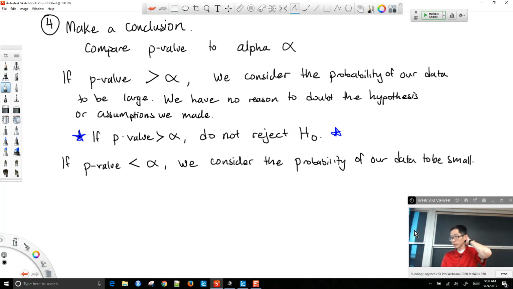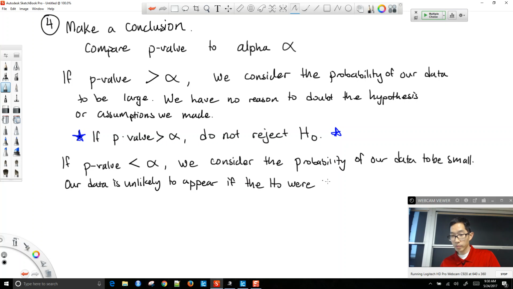This means our data is unlikely to happen, unlikely to appear, if the null hypothesis really were true. And so the fact that we did see this data means we got to kind of side with reality and say that the assumptions we made to create our expectation were wrong.